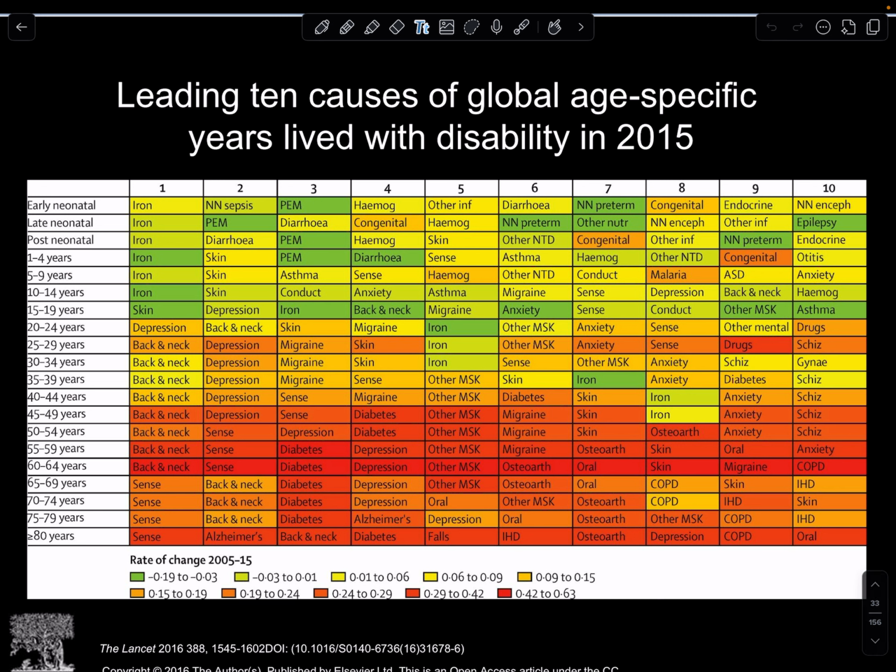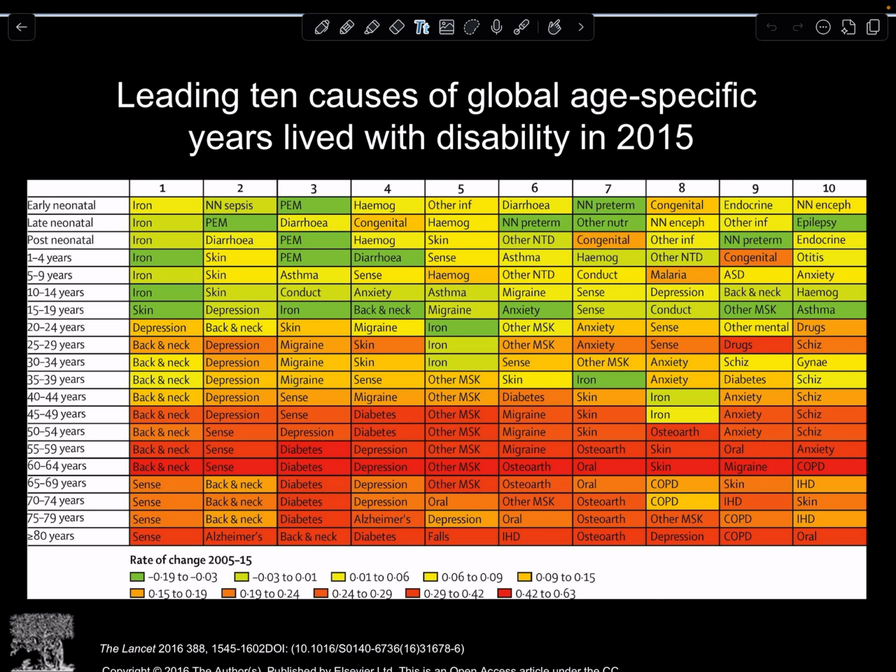And so it's like the old David Letterman top 10 list, right? Along the top here, your top 10 disorders, and then this vertical axis here has age. The number one disorder, if we start to get into folks that we typically see, 20 to 24-year-olds, number one cause of disability worldwide is depression, followed by back and neck pain.